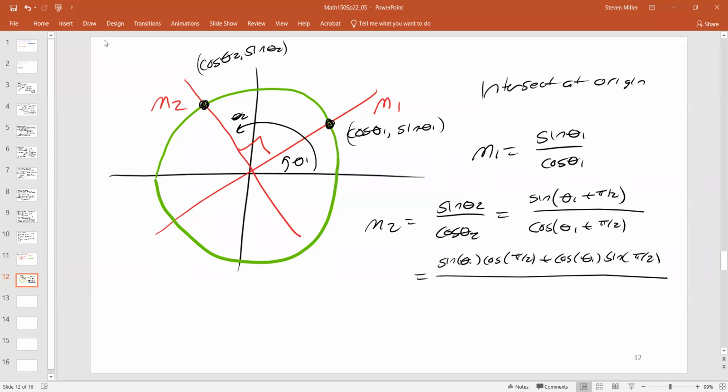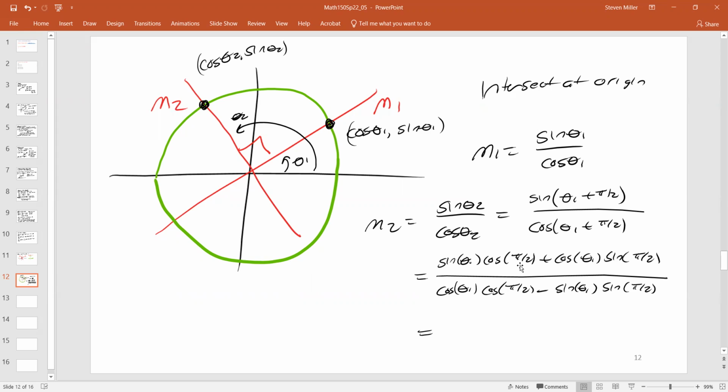Down below, it's going to be cosine θ1 cosine pi halves minus sine θ1 sine of pi halves. What's the cosine of pi halves? The cosine of pi halves is 0 because we're all the way here at the top. And the sine of pi halves is 1.